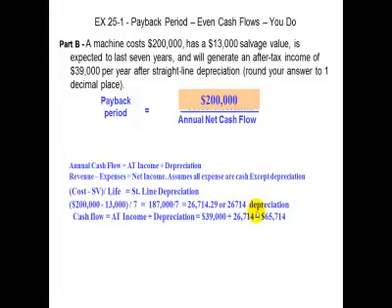We'll add that 26,714 back to the $39,000 worth of after-tax income to get the annual cash flow, which is going to be 65,714. Divide the 65,714 into the 200,000, and the payback period is going to be 3.04, or 3 years rounded to 1 decimal place.